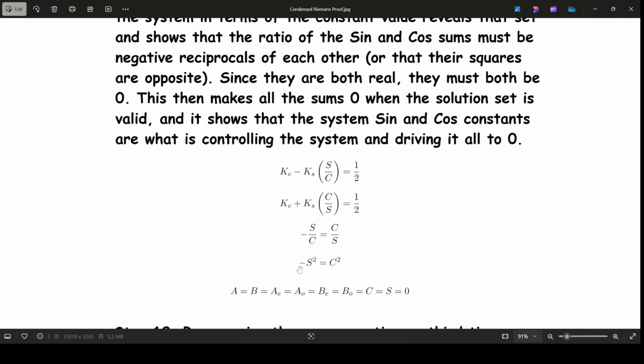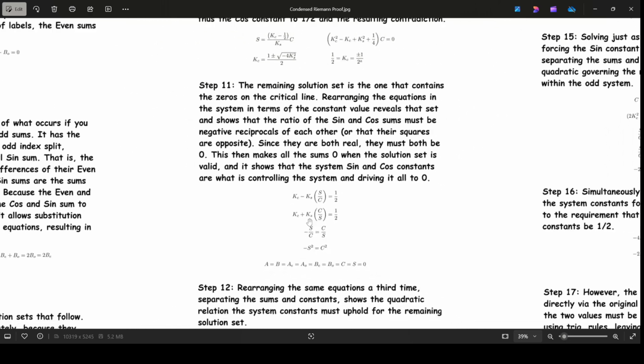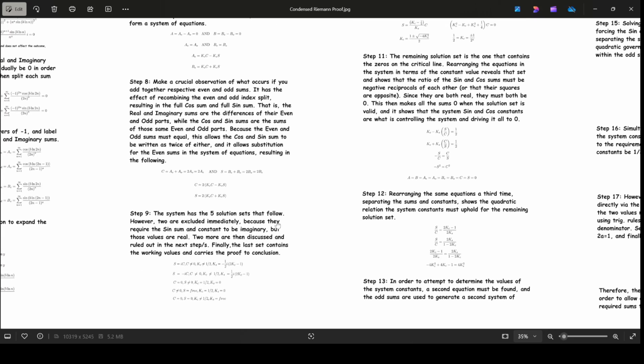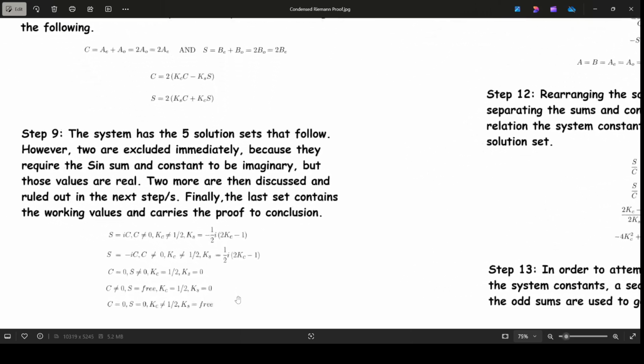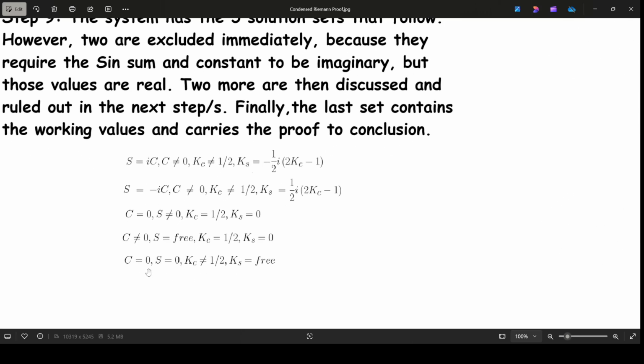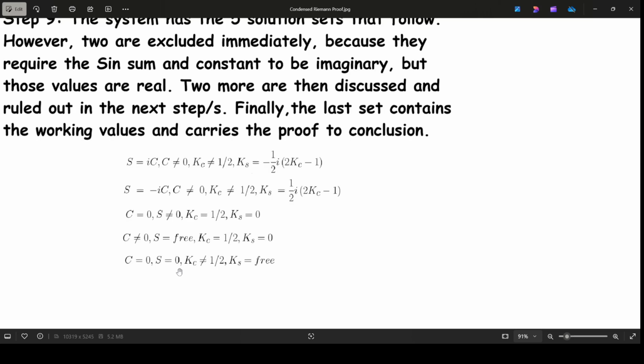But that never happens, because those are both real numbers, and when you square them, whether they're positive or negative, one side's going to be negative and the other side's going to be positive. And so you don't get any solutions. The only solution, again, is when they're just both 0, and you plug 0 back in this form, and you get this solution case here, back to why C has to be 0 and S has to be 0.